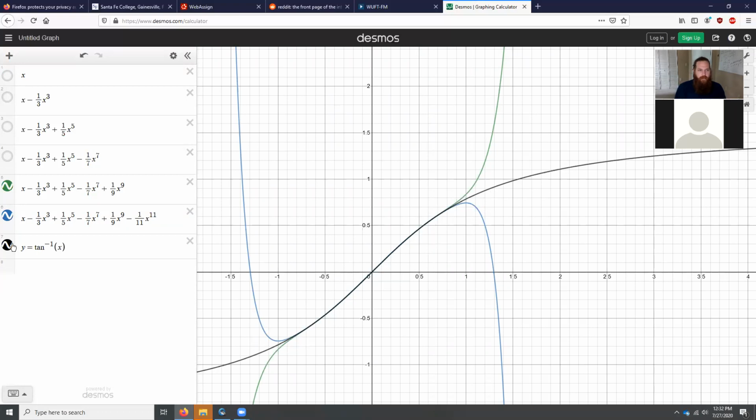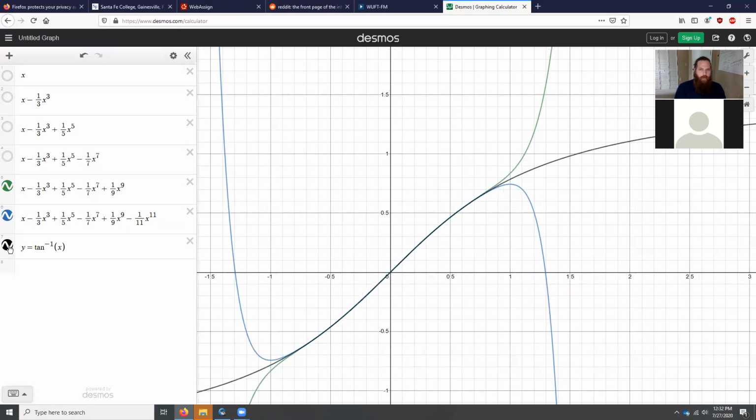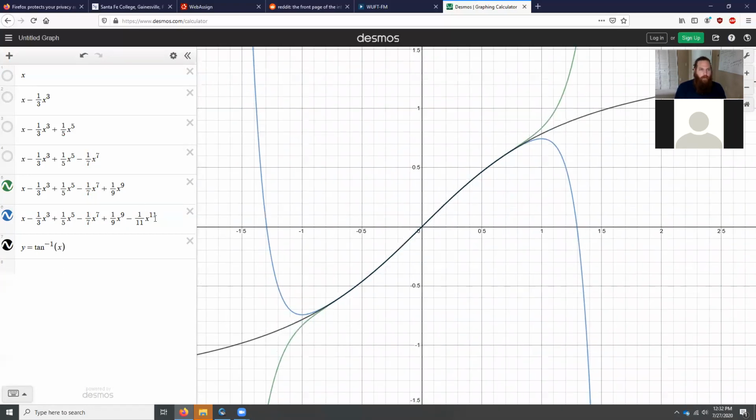And it's closer than the green. So as you use more and more terms, your polynomials here get closer and closer to this function. That's the magic. You're finding polynomials that you could replace this weird function that's hard to work with by.